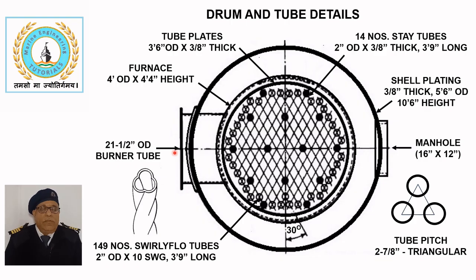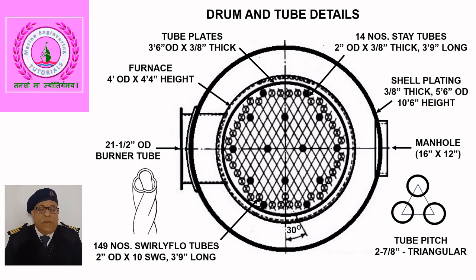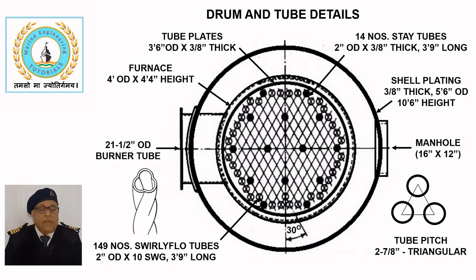Fuel is burned in the water-cooled furnace by a pressure jet burner, which is attached to a 21.5-inch outside diameter burner tube. Only the bottom of the furnace is lined with refractory material, and its inspection is facilitated through the burner tube. This completes our study of smoke tube boilers.